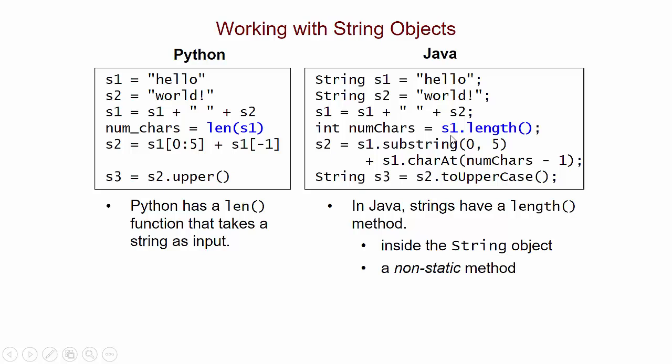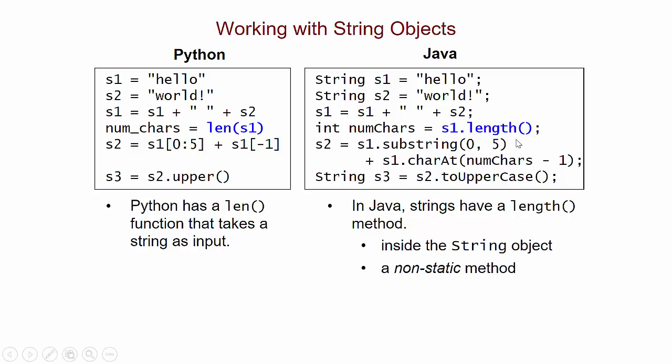So you have the variable that represents the string object, then you have the name of the method, and in this case the method takes no inputs, no parameters, so there's just empty parentheses. And this is referred to as a non-static method because it is inside the object. It belongs to the object. And soon we're going to see how we can write our own non-static methods as part of a new class that represents a new type of object.